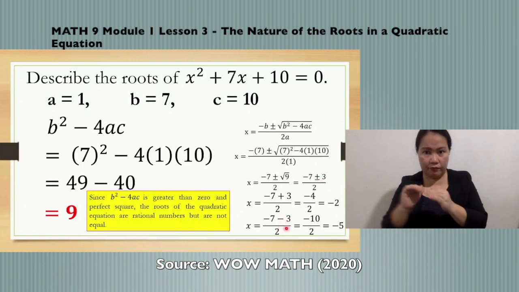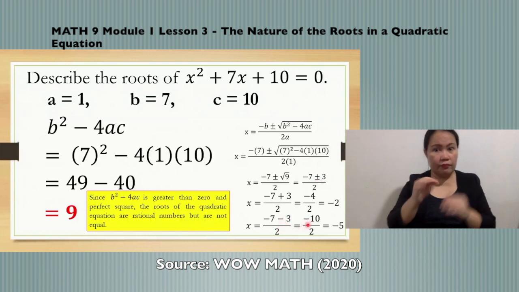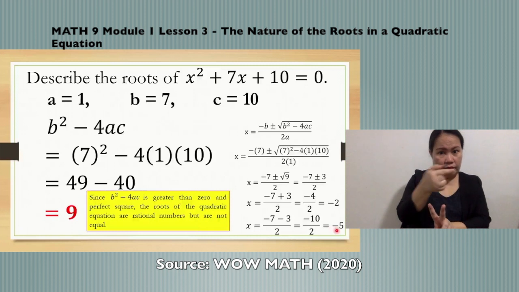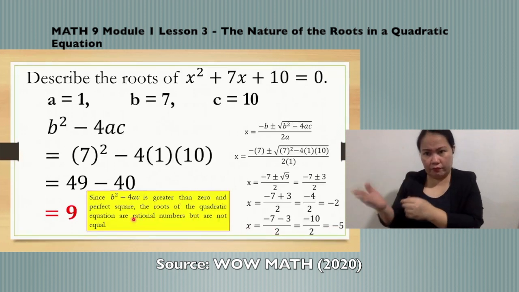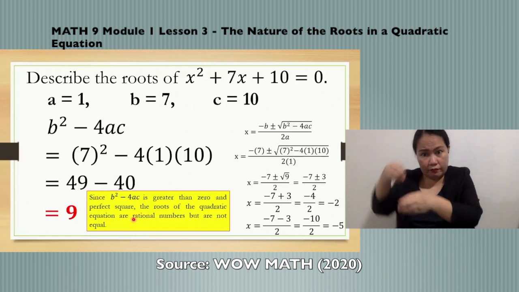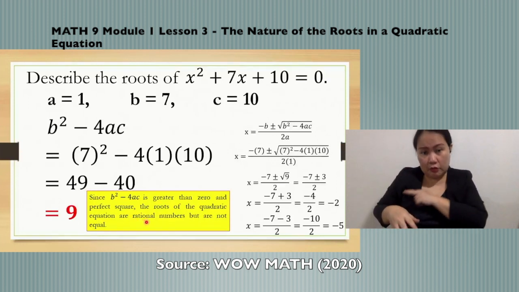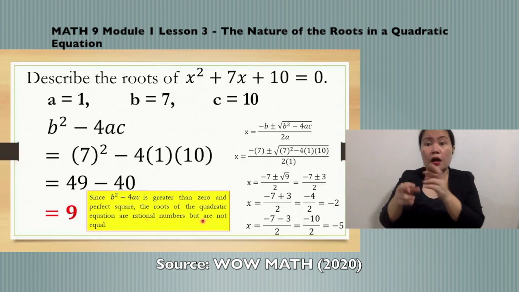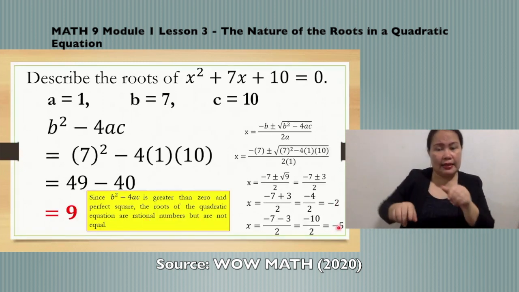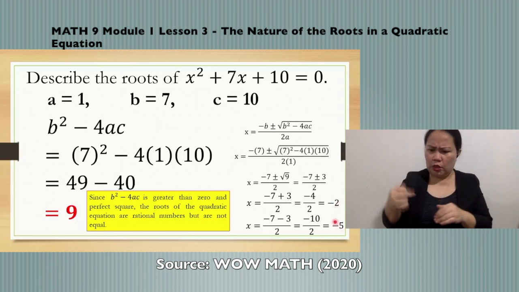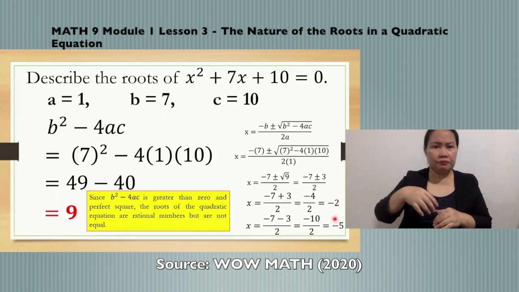So over 2, we will have negative 10 over 2 and that is negative 5. So balikan natin. The resulting solutions or the nature of the roots are rational numbers but not equal. So as you can see, they are not equal and they are rational numbers.